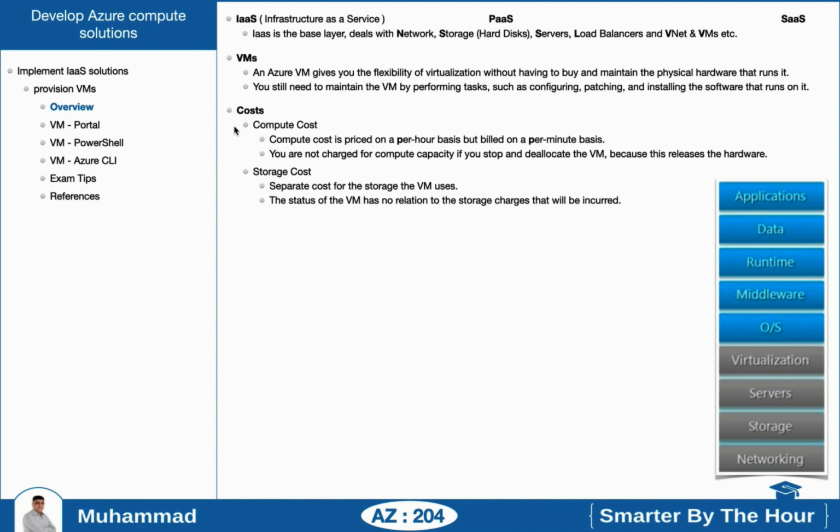We can pay this cost by using one of the following two methods. The first one is pay as you go. With the pay as you go option, you pay for compute capacity by the second. There is no long-term commitment or upfront payment you have to make.